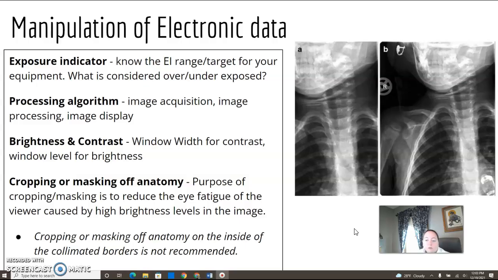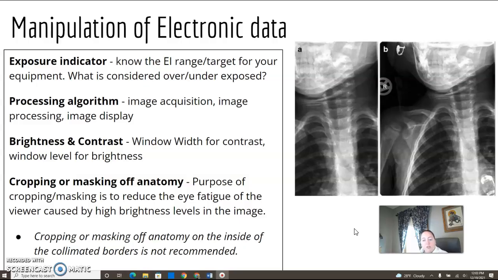Processing algorithm. We are supposed to process the image under the correct processing algorithm. When you acquire the image on your selector, you're supposed to choose PHS and process PHS under that algorithm. You're not supposed to reprocess it under different things. And then brightness and contrast are something that you can adjust post-processing as a technologist.